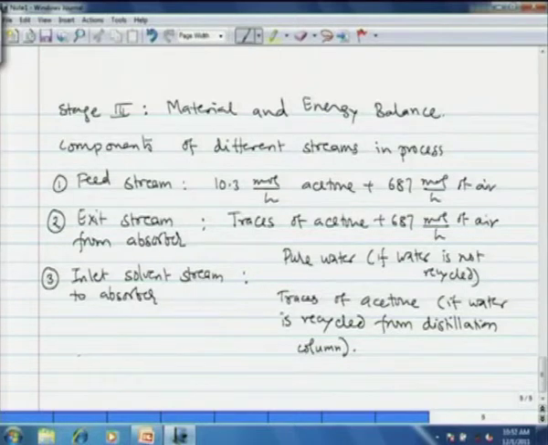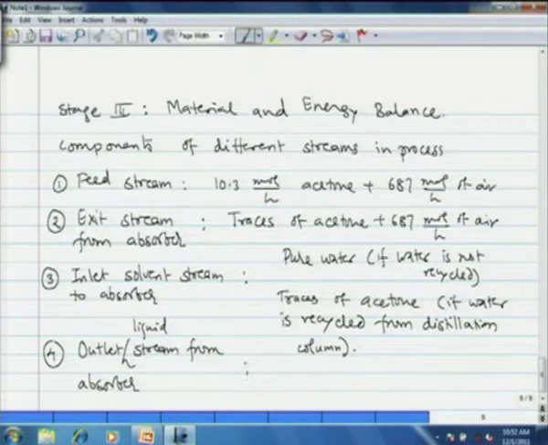Now, the outlet liquid stream from absorber will contain most of the acetone, 10.3 mole per hour. So, acetone plus water.